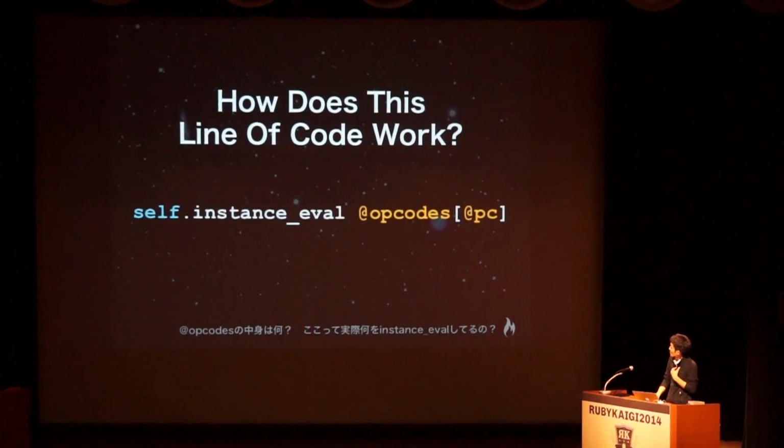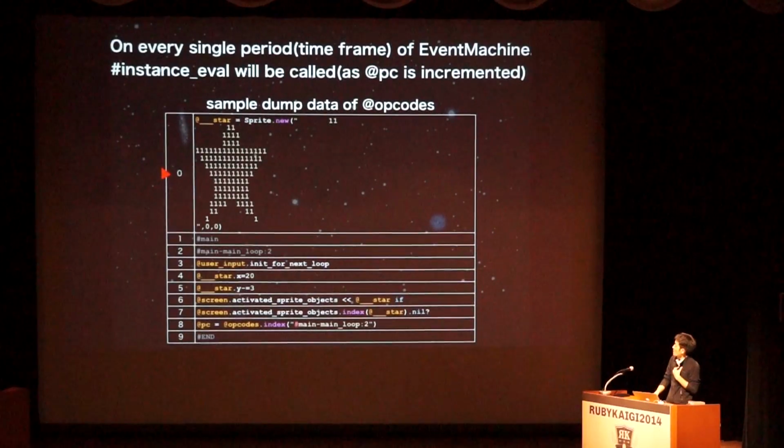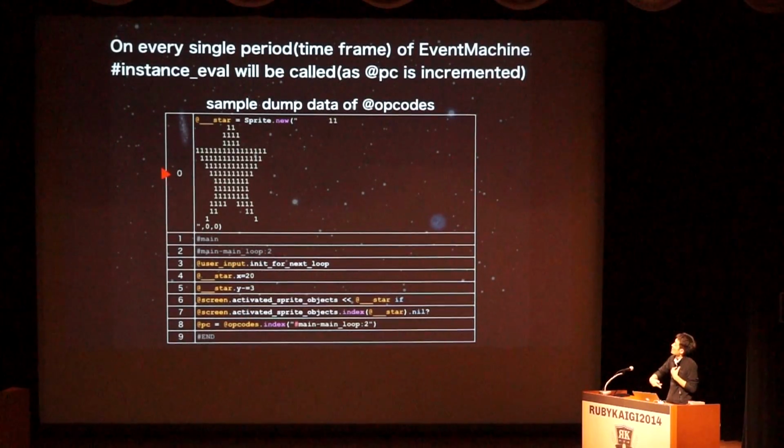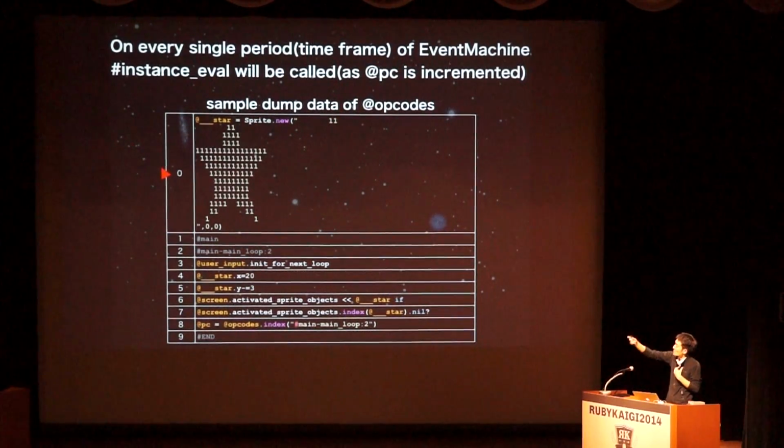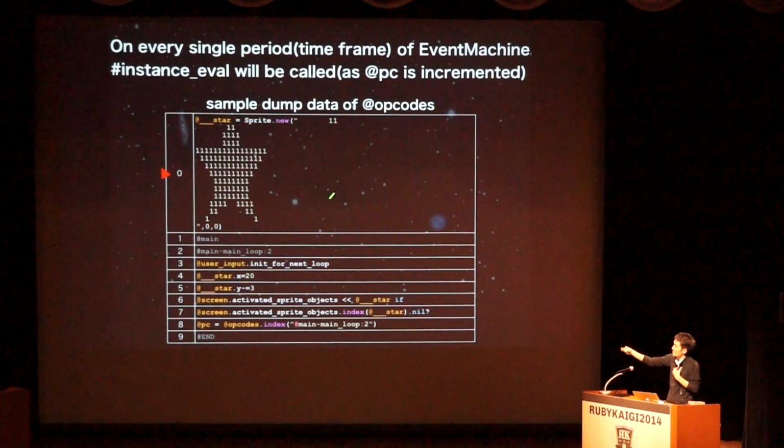So what is happening actually is, on every single period of the time frame of the event machine, instance_eval will be called something like this. So at the first while loop, this line of code will be executed.